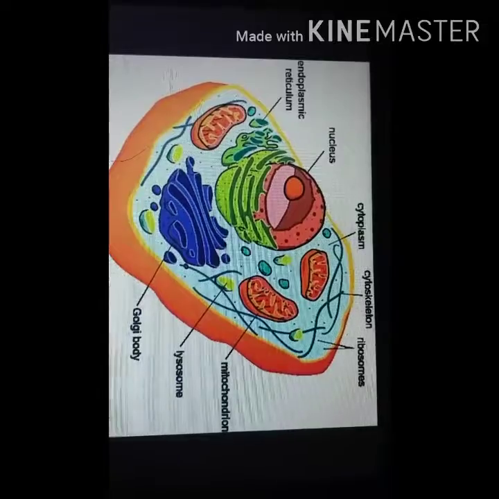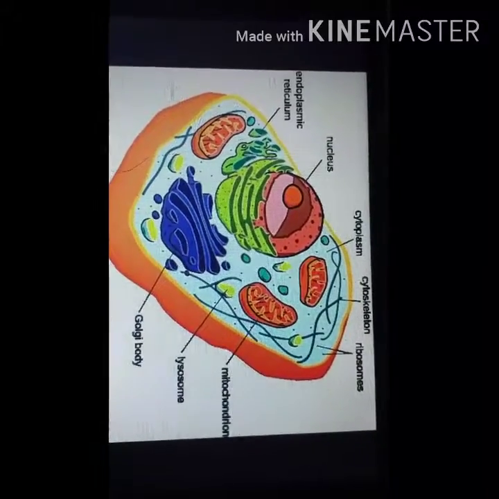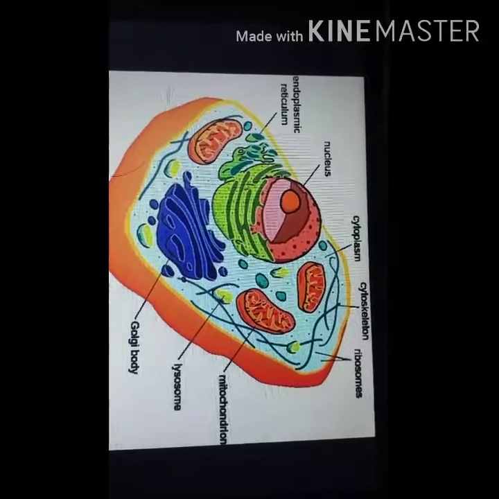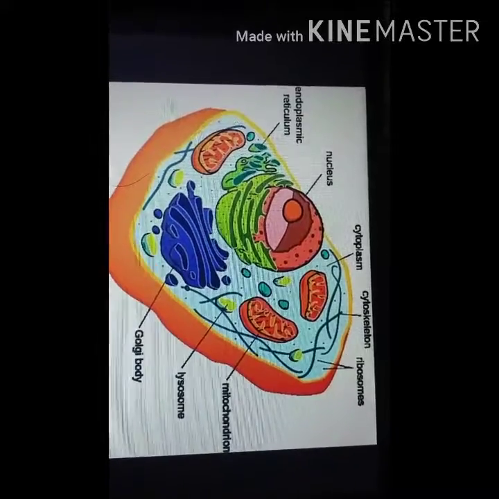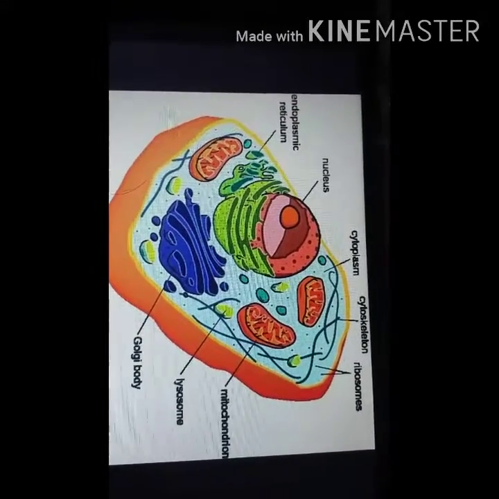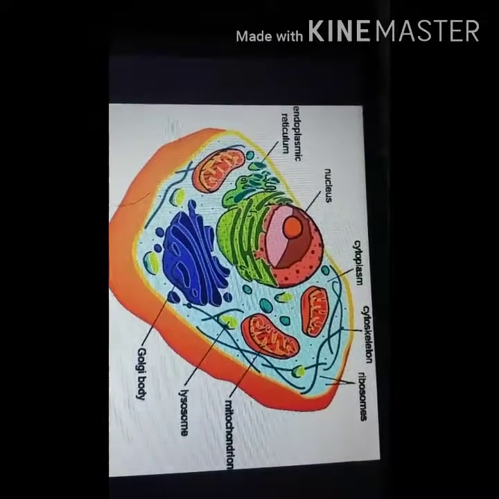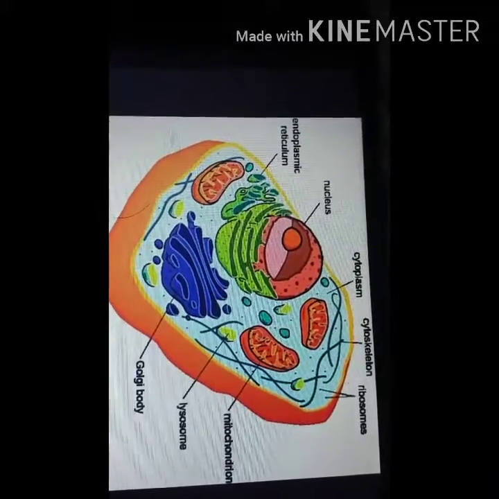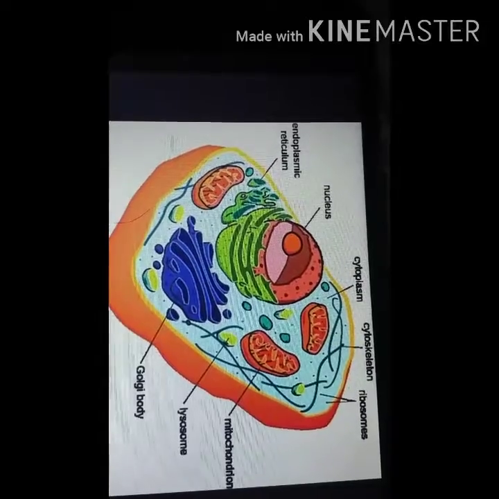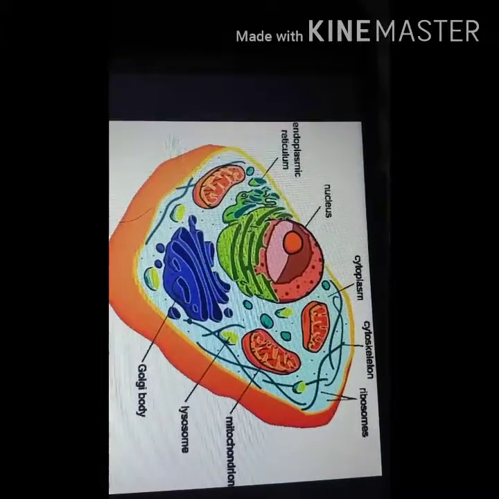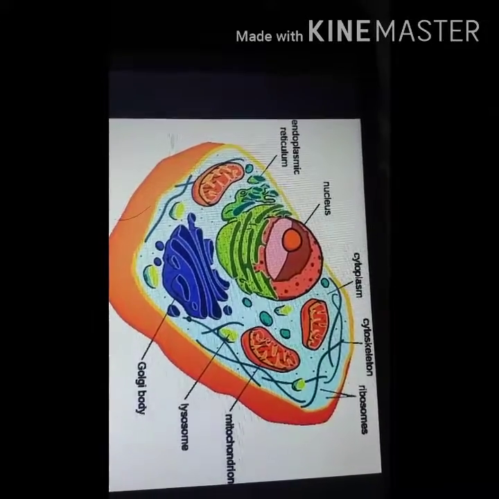Eukaryotic cells can be single-celled or multi-celled, such as you, me, plants, fungi, and insects. The number one biggest difference between the bacteria in your body and the cells making up your body are these tiny cellular components called organelles.